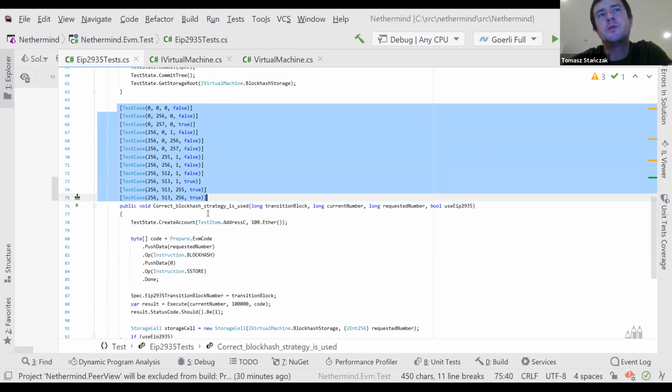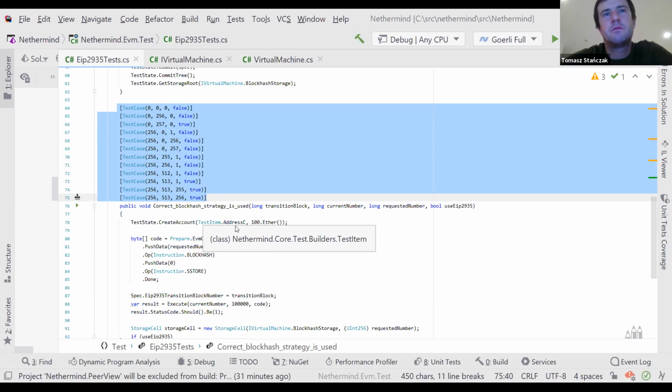Also, the clients will have to test the behavior at the transition boundary, so at the fork, of whether we start to save the block hashes in the storage before the block execution. You can think of it as a bit like an additional 20,000 gas cost of storage before every single block, but it's not really 20,000 because we don't read before saving, we just save straight away.